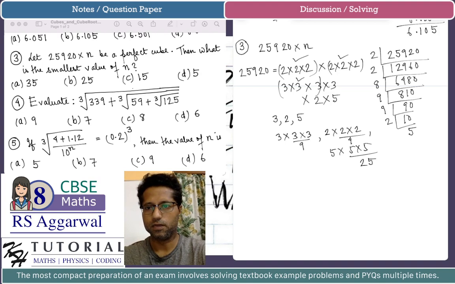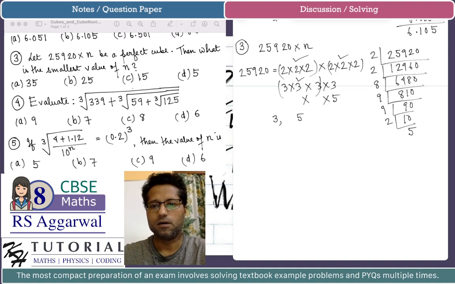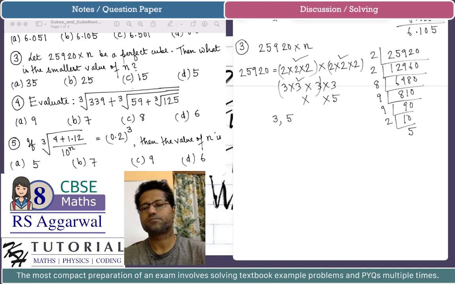So I've already considered the 3 2's in the first triplet, and there was 8. So the second triplet is for the 8, and in the prime factorization, the 3 2's that we can see have been considered in the first triplet. So these two will not be there. So the factors that are not part of any triplet are 3 and 5. As we can see, 3 and 5 are left behind.